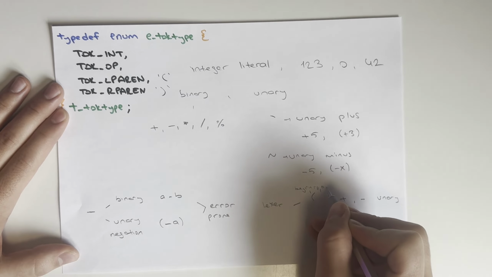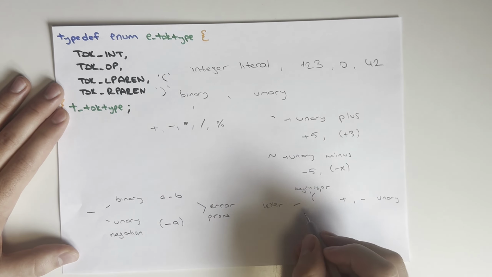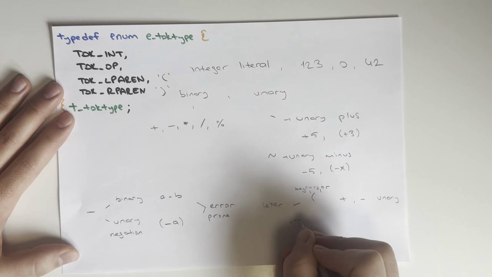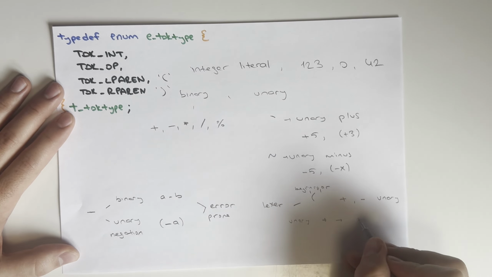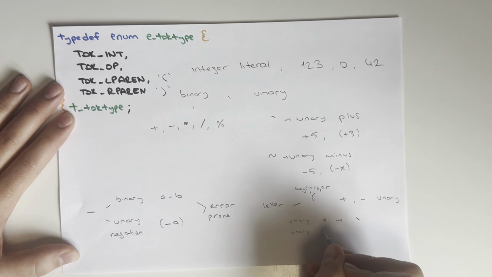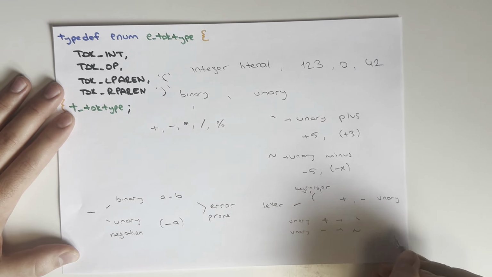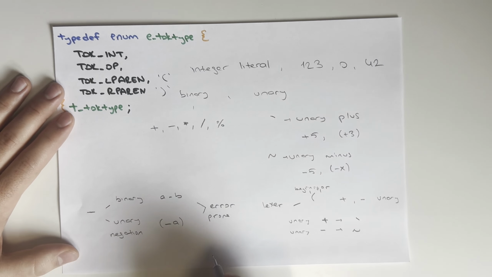If it's a unary plus, it will be the backquote. If it's a unary minus, it will be tilde. In the later stages, we will not be guessing. We will just be looking at the operator character.